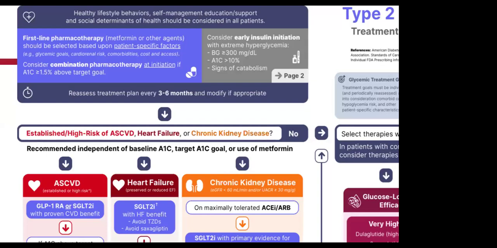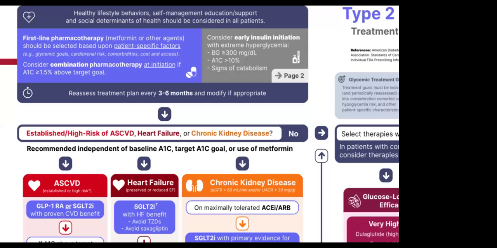What we normally use here is metformin with a sulfonylurea. If the A1C is greater than 10% and blood glucose is greater than or equal to 300 milligrams, then you can start insulin therapy, and we shall see that.